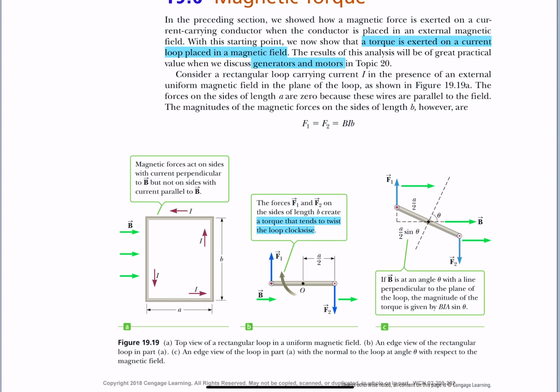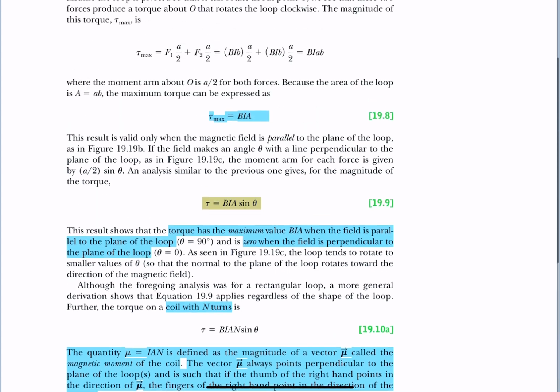It'll be perpendicular to your magnetic field, the green B, in picture B, but it will be at an angle in picture C, and not as much.